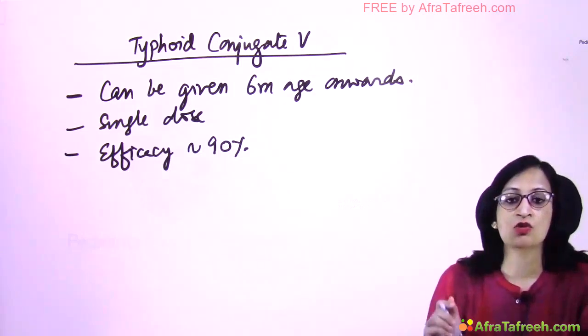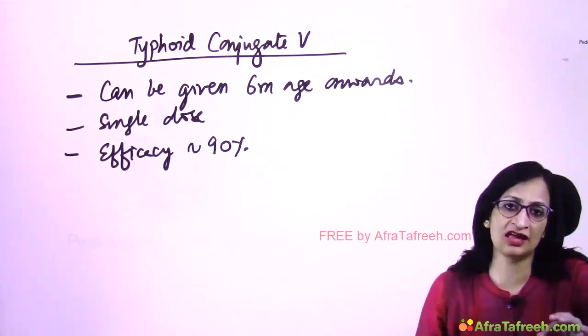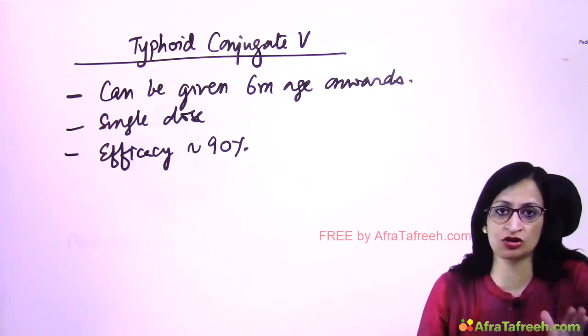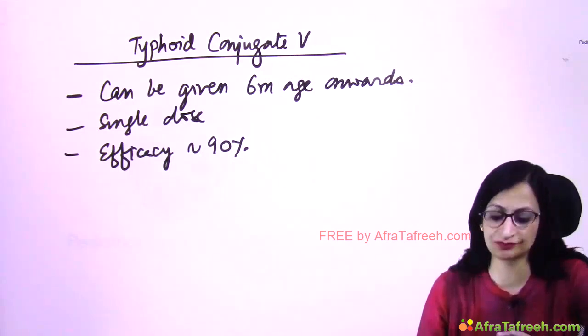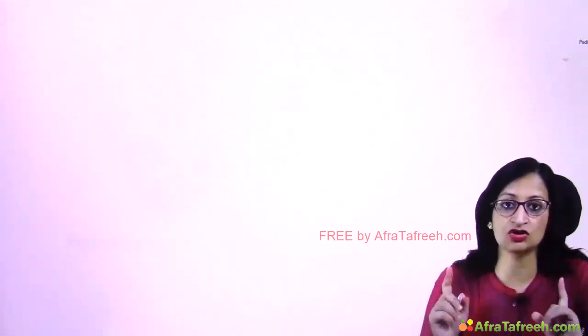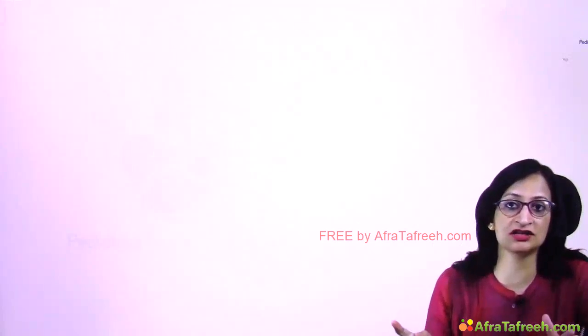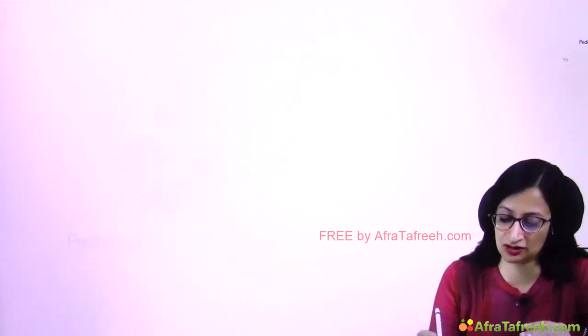Okay. Now, what to do if a child already has a history of enteric fever? Child already developed typhoid and he was unimmunized for typhoid. Do you need to vaccinate him? Yes. So, a typhoid infection may not necessarily lead to immunity in the child.